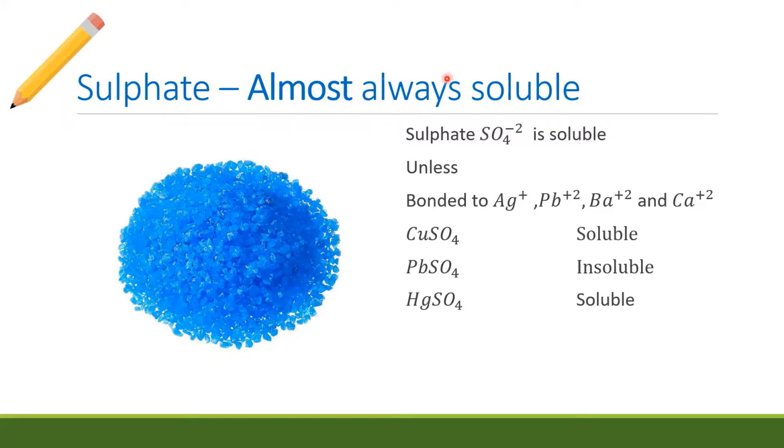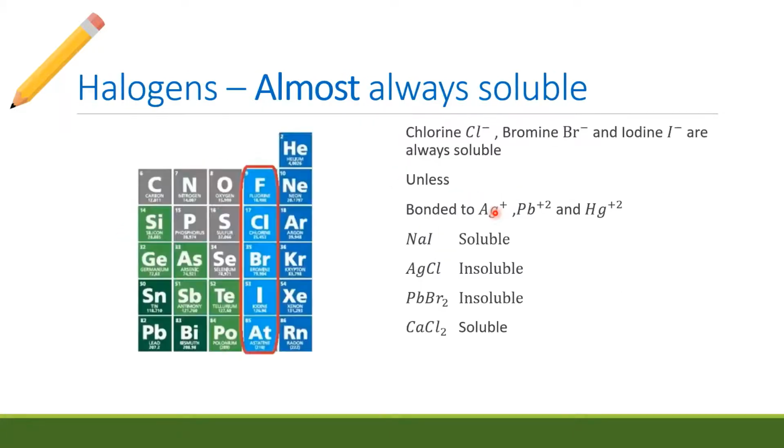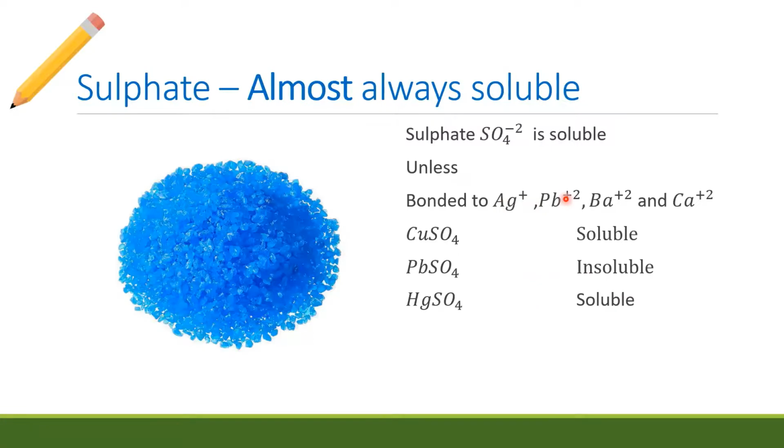It's almost always soluble unless it's bonded to Ag, same, Pb, same, Ba, which is different, and Ca, which is different. So if it's bonded to any of these four things, sulfate is not soluble. So you just got to be careful around these metals.